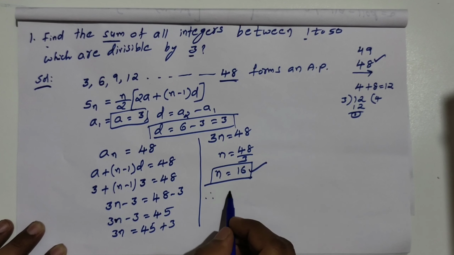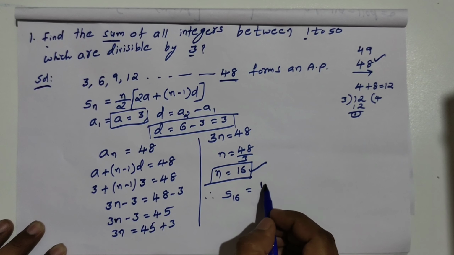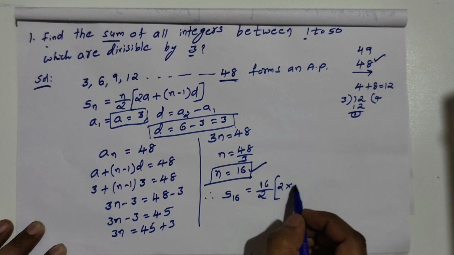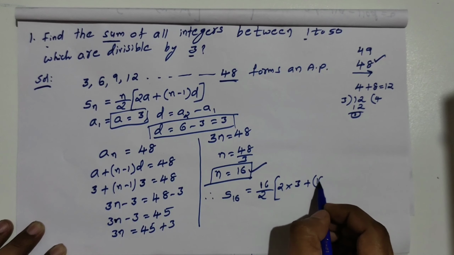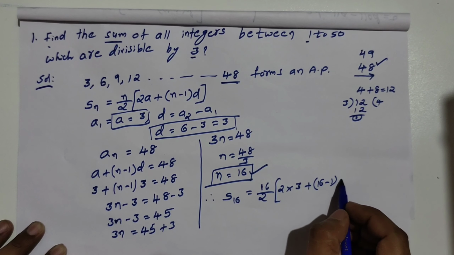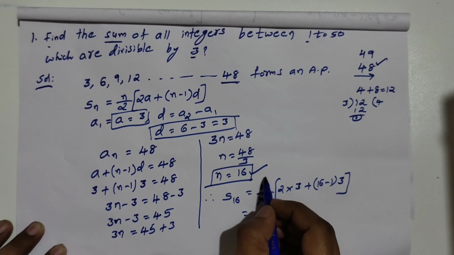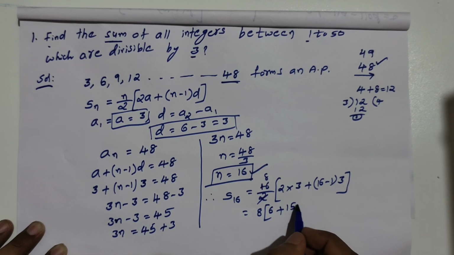Therefore the sum of these 16 terms, we can write S16 is equal to 16 by 2 into 2a, that is 2 times 3, plus 16 minus 1 into d, which is also 3. So 2 ones are 2, 2 eights are 16, by cancellation we get 8. 2 threes are 6 plus 16 minus 1, that is 15, into 3.